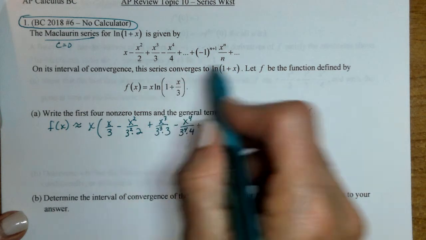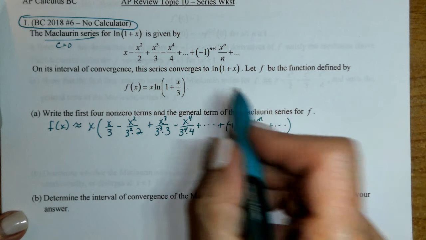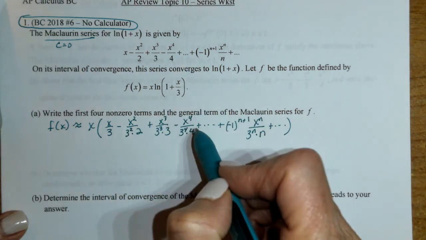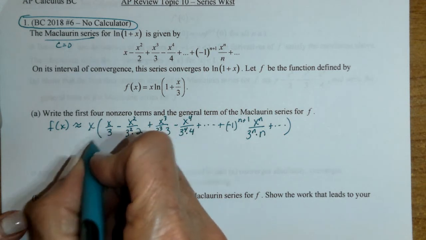I'm just copying this down. So I copy exactly what I see there, except in place of every x, I put x over 3. Now I'm going to go in and multiply through by this x.